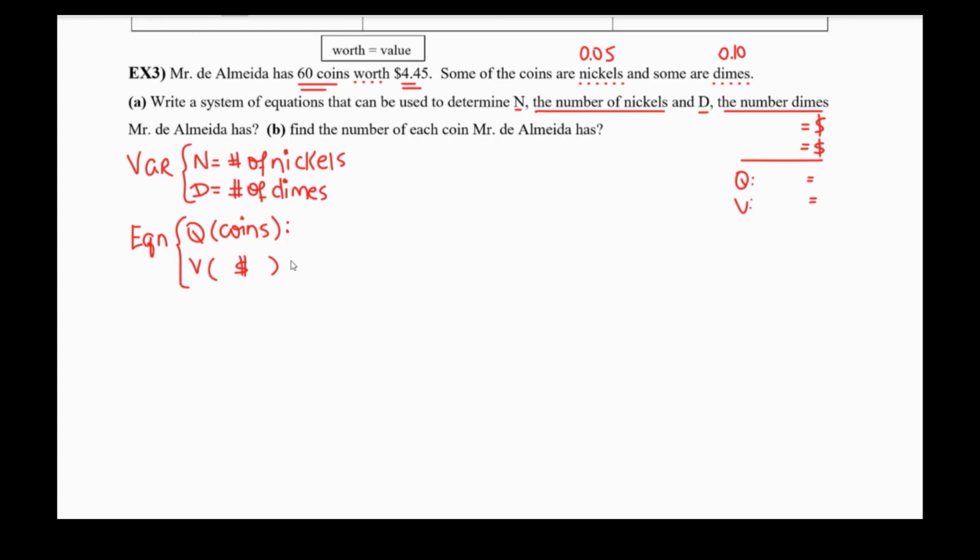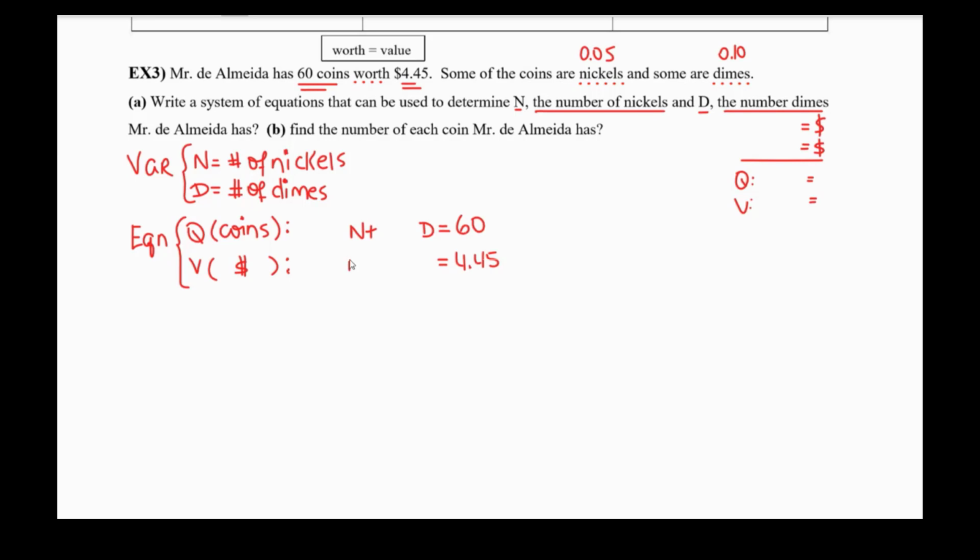So remember, we start by writing the total, and let me give you some more space here. Okay, and the total amount of coins is 60, and the total value of those coins is $4.45. And please remember, on this quantity versus value, we're going to use both variables here, and we're going to add them.